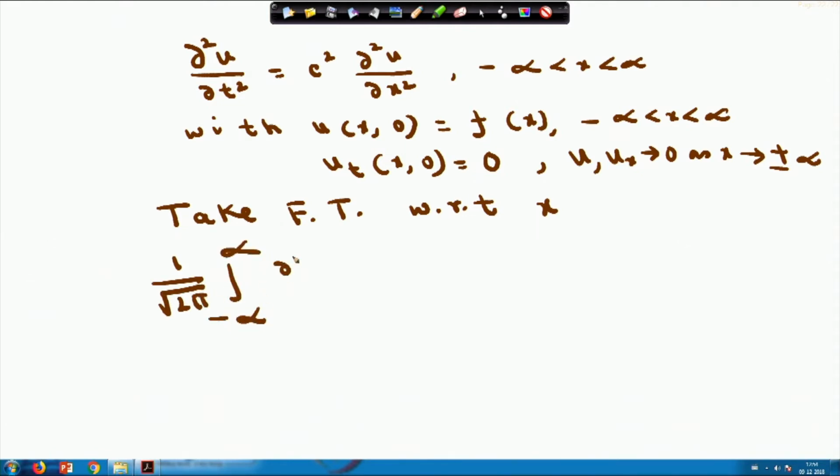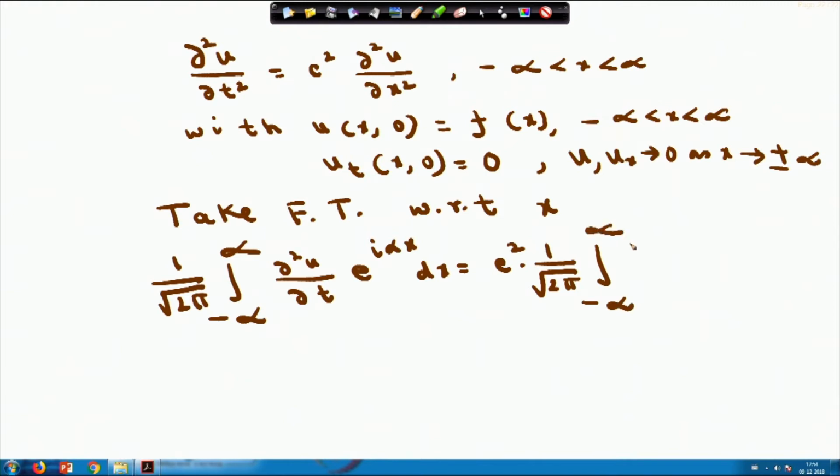Minus infinity to infinity ∂²u/∂t² into e^(iαx) dx. This is equal to c² into 1 by root 2π, minus infinity to infinity ∂²u/∂x² into e^(iαx) dx.